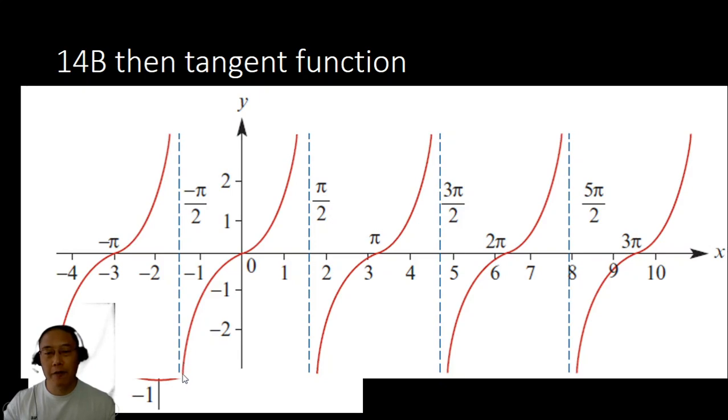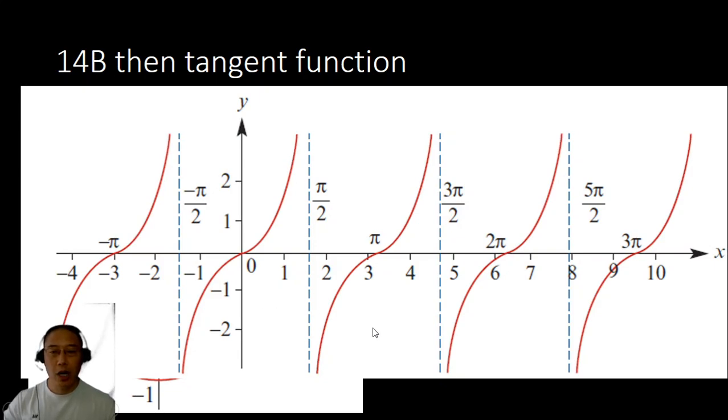Looking at the main function, it's a periodic function, so it keeps repeating to infinity. We'll see in the next slide the summary of the features. First, the way it repeats is what we define as the period. The period is pi.